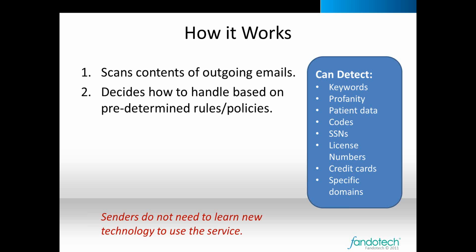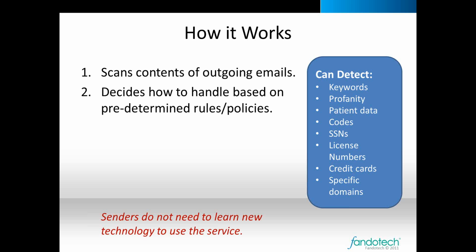Credit card numbers and Social Security numbers have a finite defined number of characters, and they have a specific syntax in which they're formatted. So the email system is going to look for those classic definitions, and wherever it finds it in the body of an email message, it will automatically encrypt that message. You can add in other things like patient data, specific business codes, if you have license numbers. So there are things beyond that that you can add.